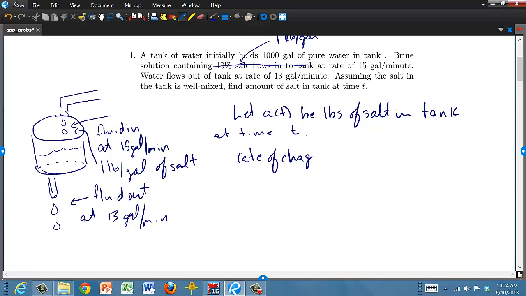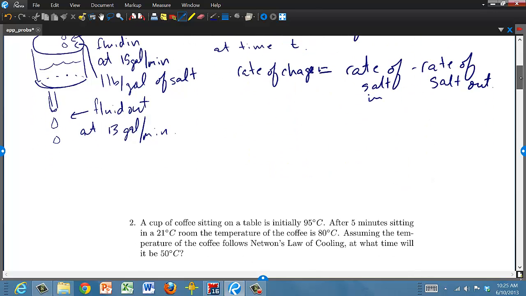The rate of change in the amount of salt is going to be equal to the rate of salt flowing in minus the rate of salt out. Now this rate of change in the total amount of salt in the tank, that's going to be dA/dt.